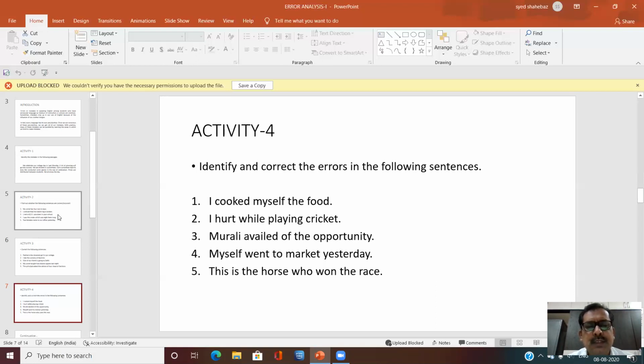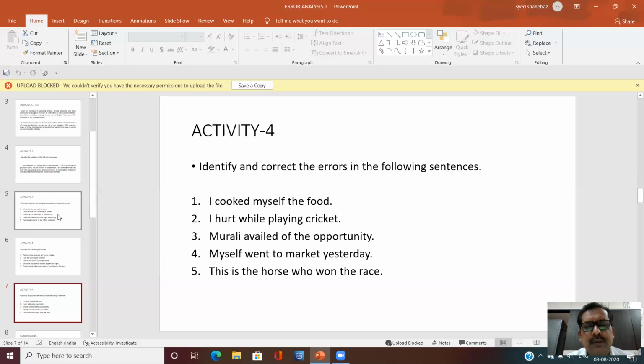The third sentence, Murali availed of the opportunity. After the verb avail, we have to use a reflexive pronoun. Murali availed himself of the opportunity.